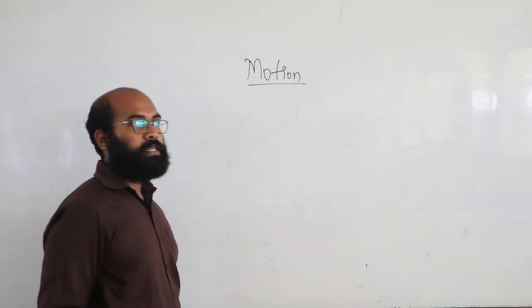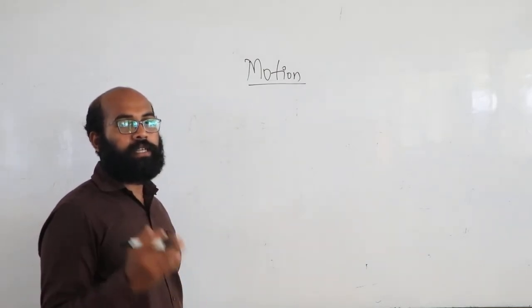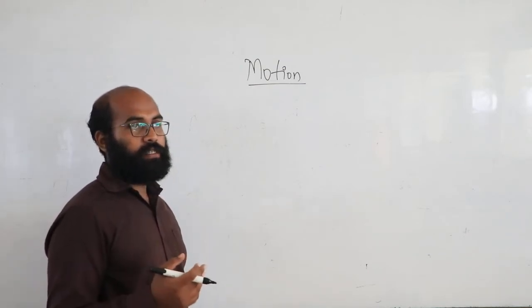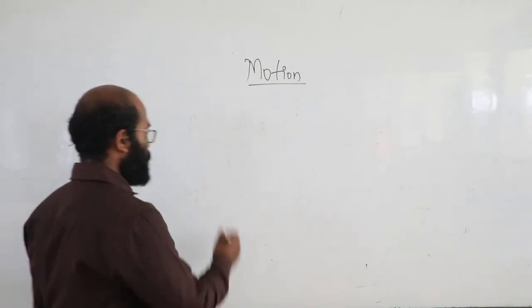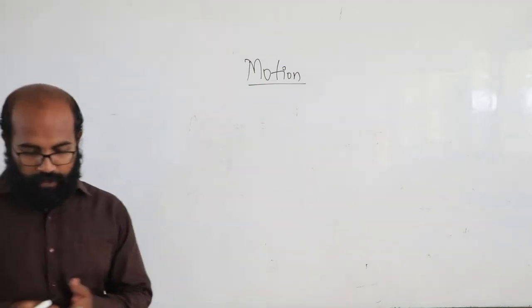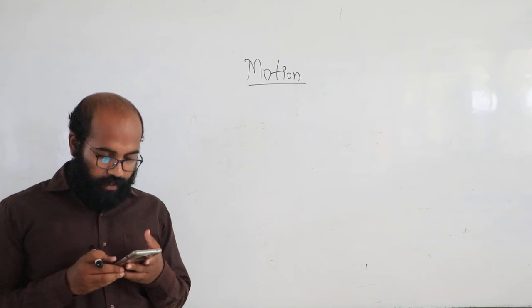For this class, I'll just take 2 examples. With this, in the next class, I'll explain how you get the equations and how to solve them. So let me take whatever they have given in the textbook.